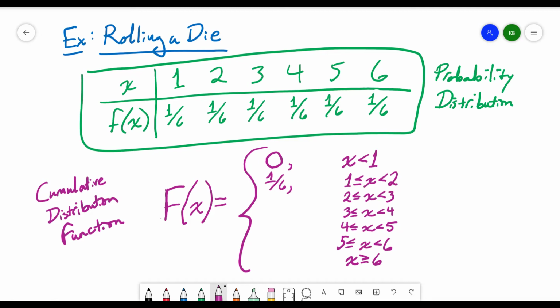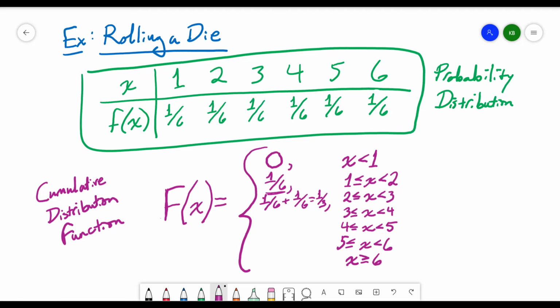But we're dealing with a cumulative distribution function, so what it's going to do is add together the probability that I'm in this window plus the probability that I'm in the last window. So I'd have a value of 1/6 for this window plus my 1/6 from above. So I would have a total of 1/3.